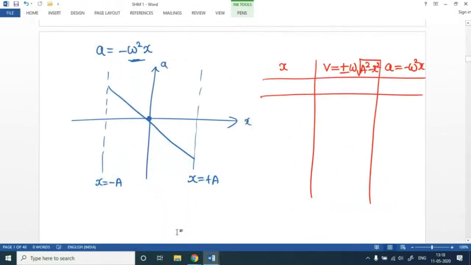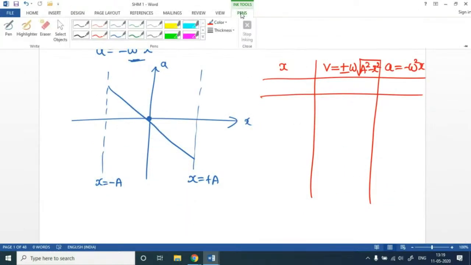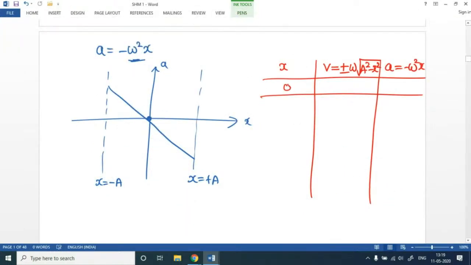So let's say x is equal to 0 we are taking. If we substitute it in this equation, we will get plus minus omega A, and acceleration here will be 0.